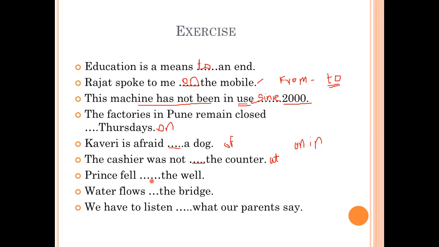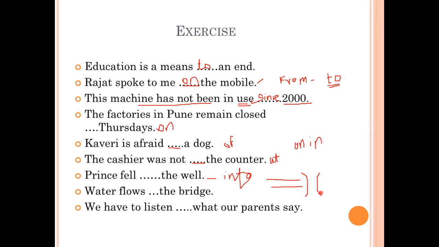Prince fell dash the well. Into the well. Water flows dash the bridge. On the bridge. So you can imagine, suppose this is water flowing and here is a bridge. How can we relate it on the bridge?